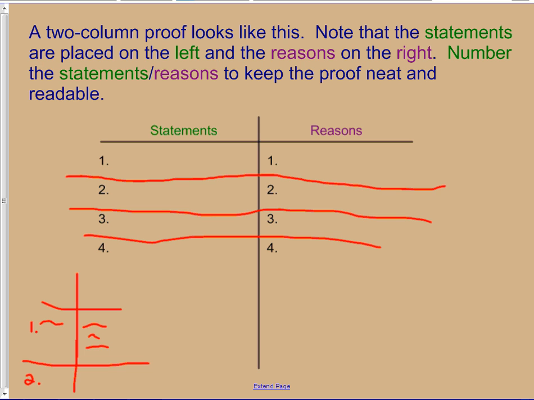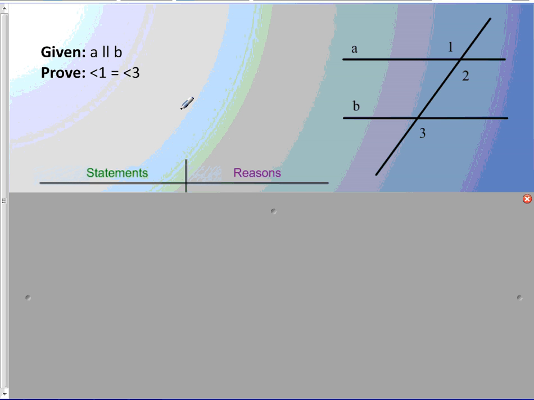Okay, so I'm going to use all this information to prove a particular proof, a two-column proof for you. We're going to be working on them a lot in class, so you'll feel very comfortable with them by the end. But just for notes purposes, we are going to work on one right now, okay?